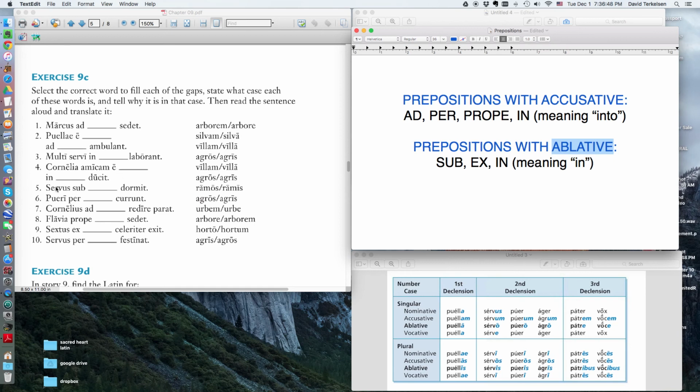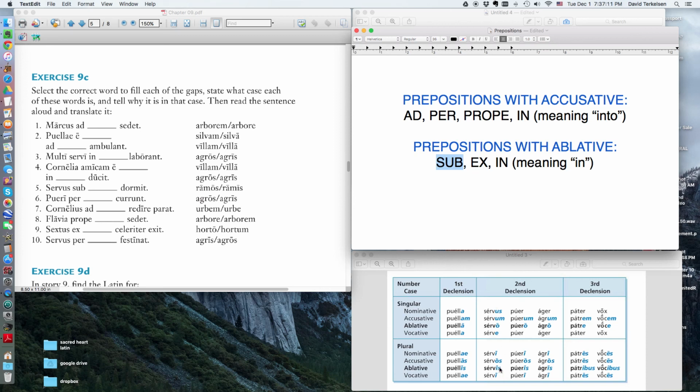Number 5, the slave is sleeping under the branches. So sub, again, ablative, that's a location. Under, I'm doing something under, I'm not moving towards it or away from it, it's a location. So sub ramis. Ramus is a second declension noun.